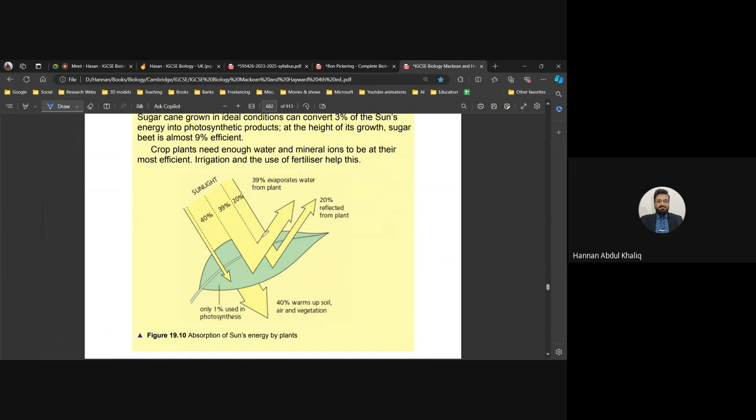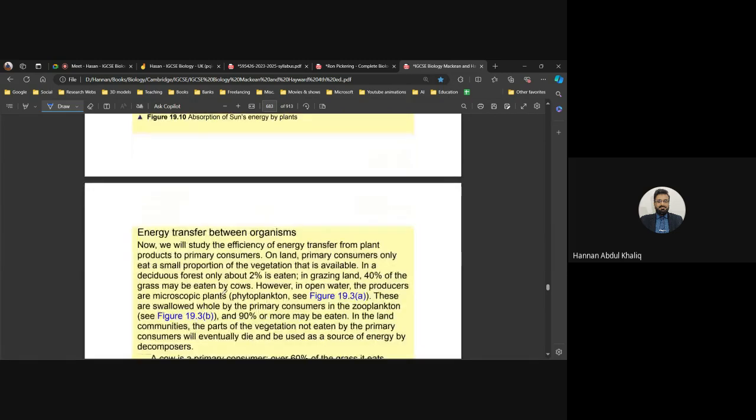Biomass is equal to energy. This is the same way I was telling you: 20% reflected from the plant, 40% of the energy used to warm up soil, air, and vegetation, 39% evaporates water from the plant, so only 1% is typically used in formation of biomass.